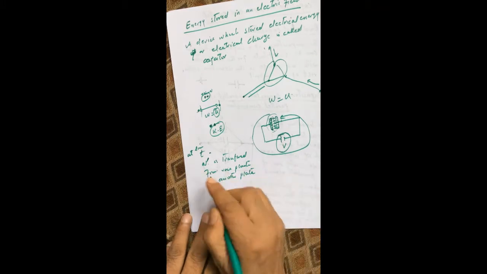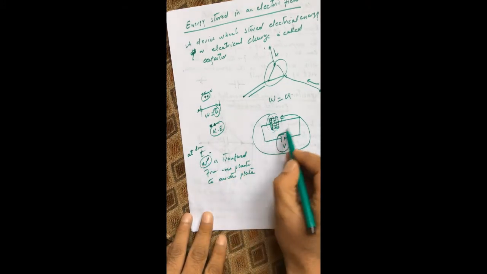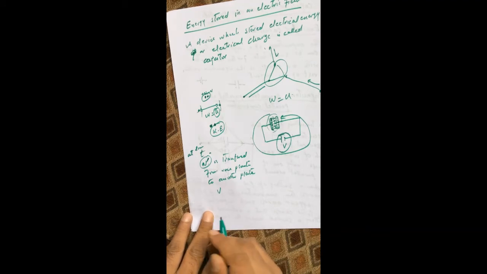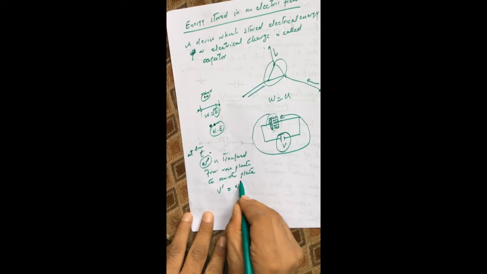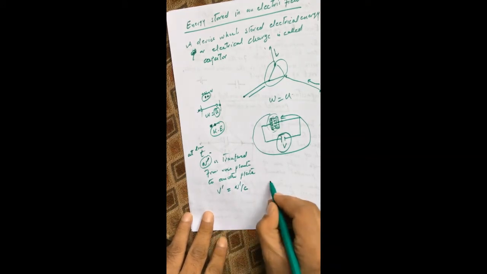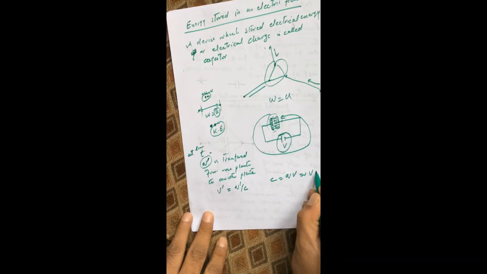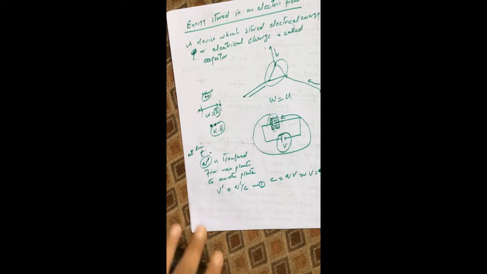Due to this transfer of charge q prime, a potential difference is developed across these plates, which I call V prime, which is equal to q prime over C, because we know that C is equal to Q over V. So from this we get V equal to Q over C. Let's say this is equation number 1.